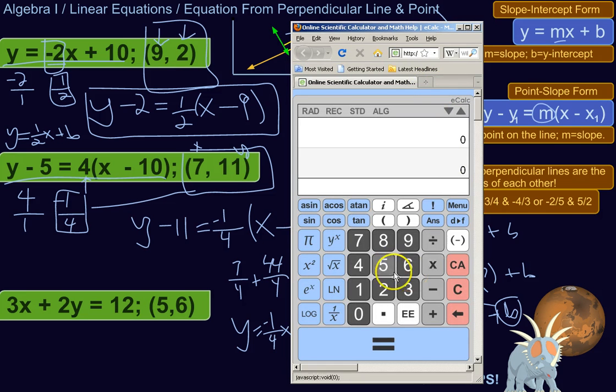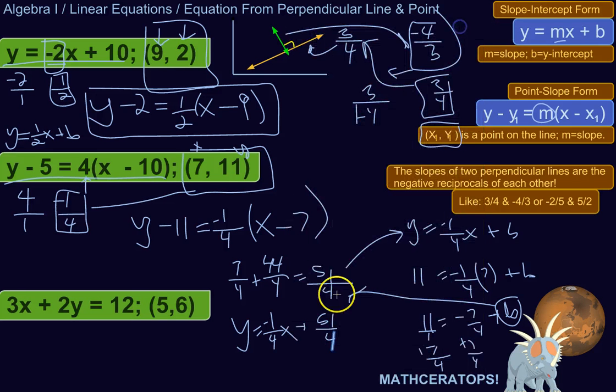Let me try to reduce that a little bit. 51... I'm kind of blanking out. 12 3/4. 12.75. Let's just call it 12.75. It's a little nicer, I guess. It's a little easier to imagine where it would be on the y-axis.